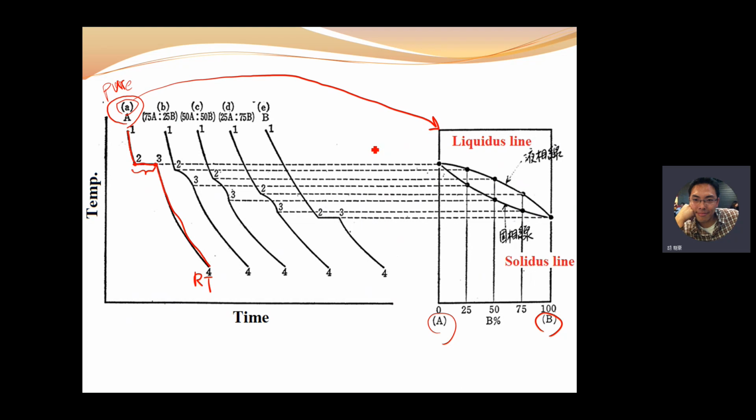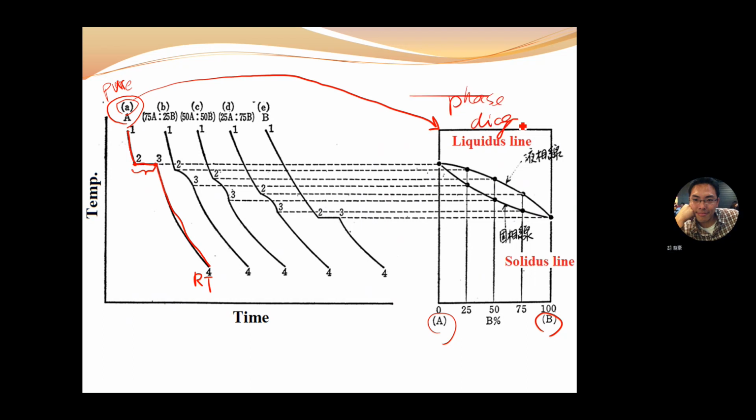a phase diagram. So what's the line on the right? I mean the phase diagram. Which line in the phase diagram represents curve A? I'm saying this is the phase diagram.